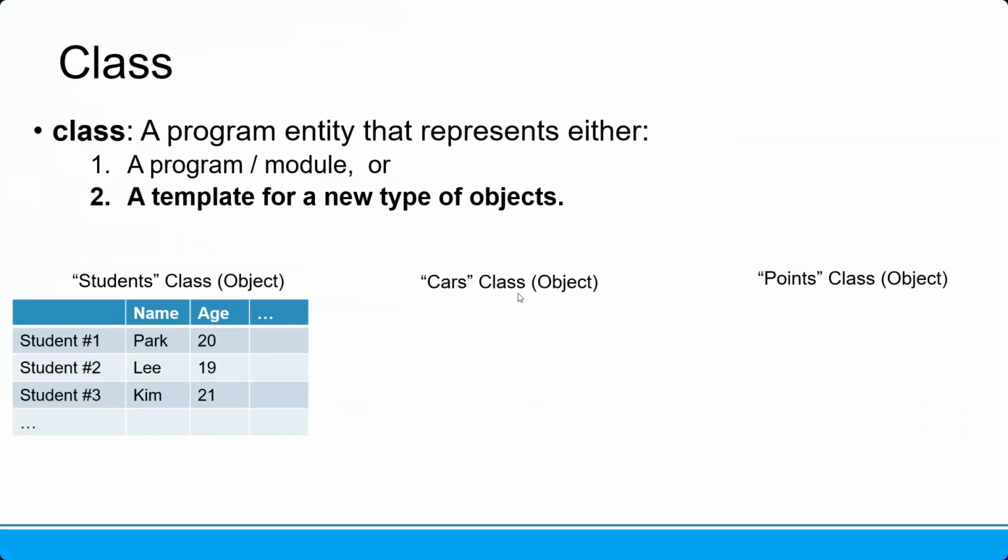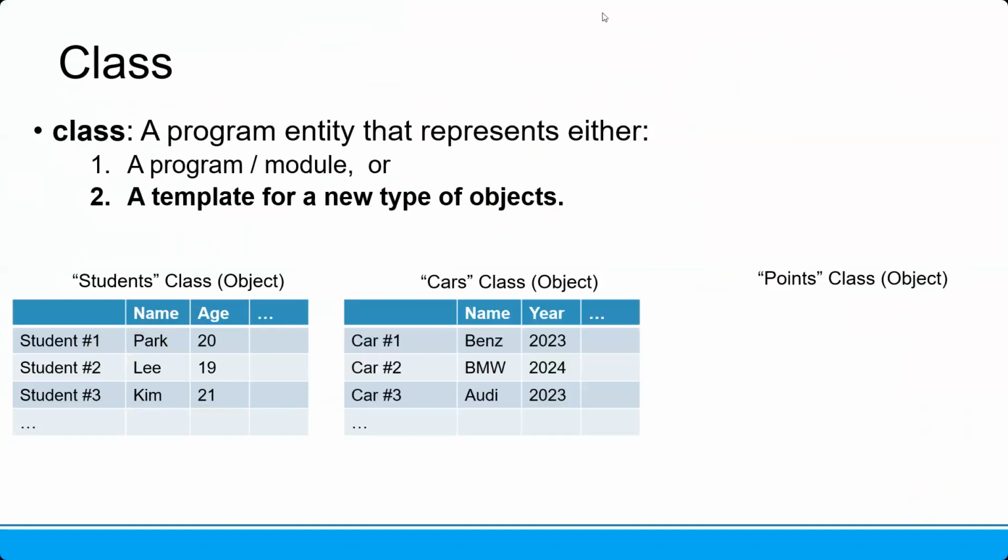If the class is about cars, the first object, object number 1, is a car with the name, for example, Pens, and the year, for example, 2023. Object number 2 of the car is BMW, and the year is 2024. Object number 3 is Audi, and the year is 2023.